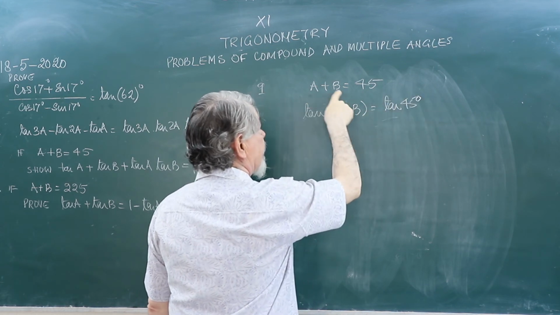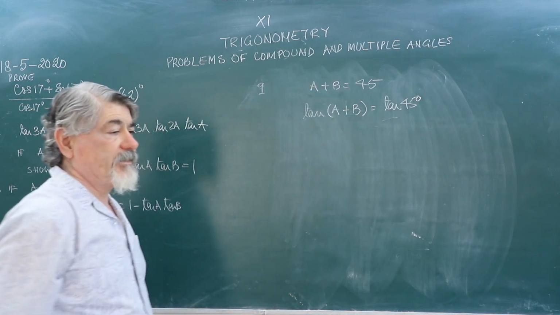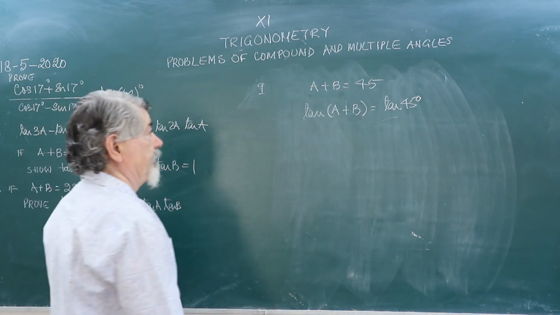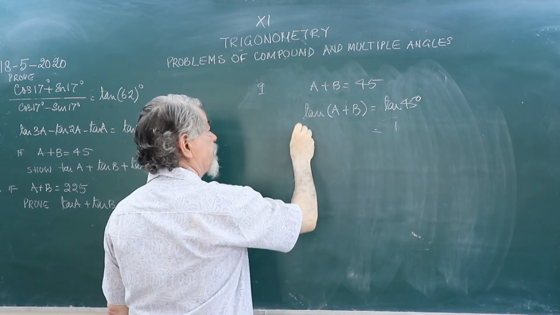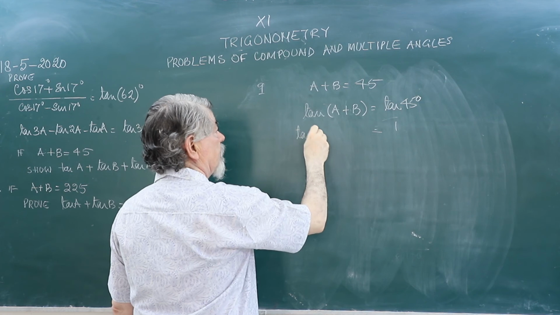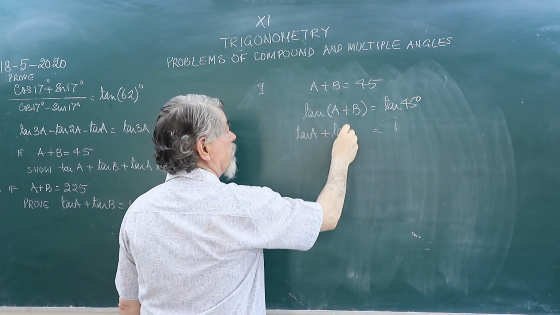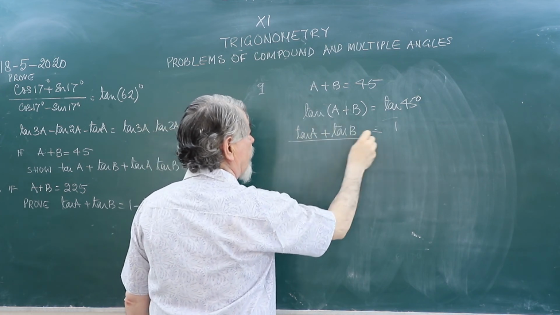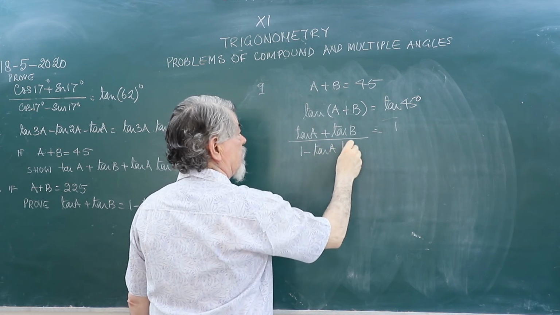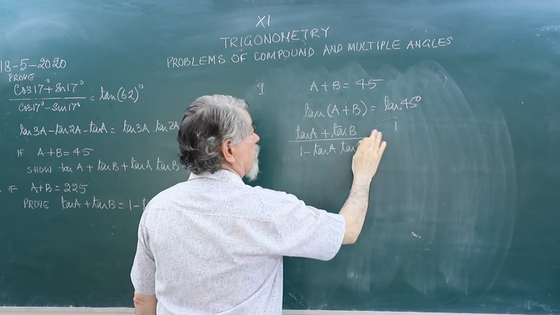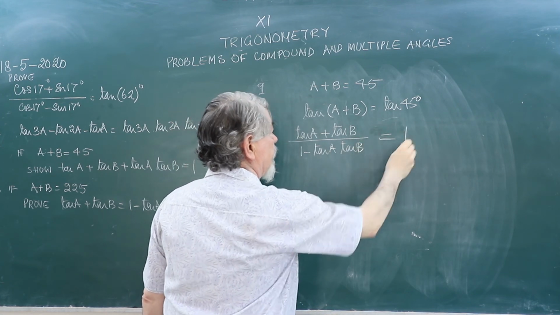If I write it as tan(a + b), obviously the right side will become tan 45. And tan 45 is 1. And what is the value of tan(a + b)? (tan a + tan b) upon (1 − tan a tan b). This is equal to 1.